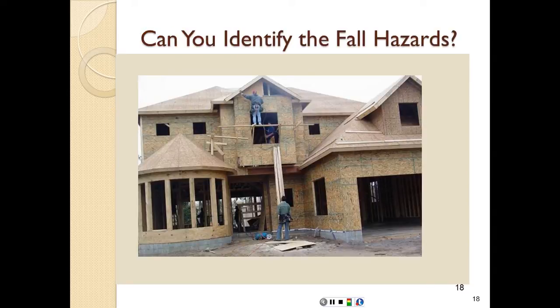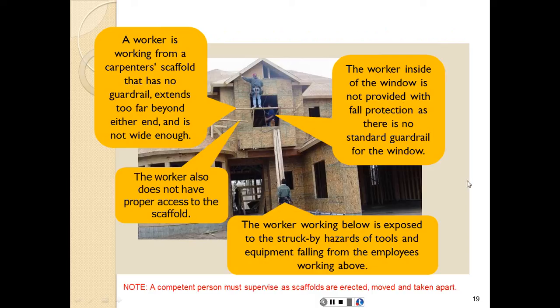Here again, more than 6 feet, no guardrails for the window, no fall protection devices for this person, no hard hat for this one here at the bottom. Several problems. So workers working from a carpenter's scaffold that has no guardrails, extends too far beyond either end, is not wide enough.